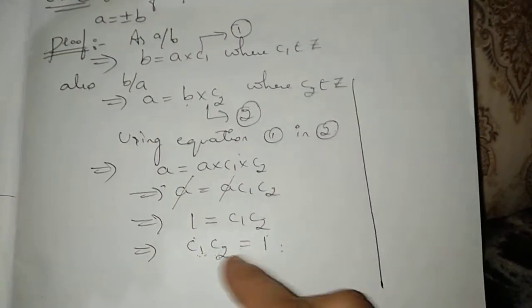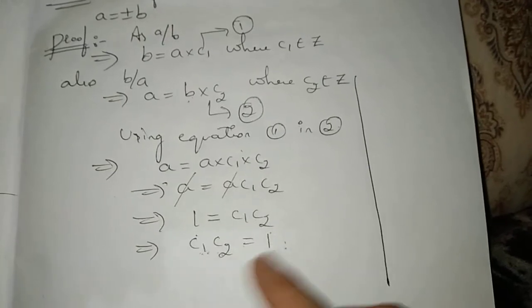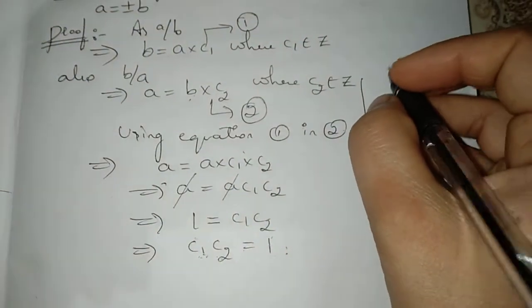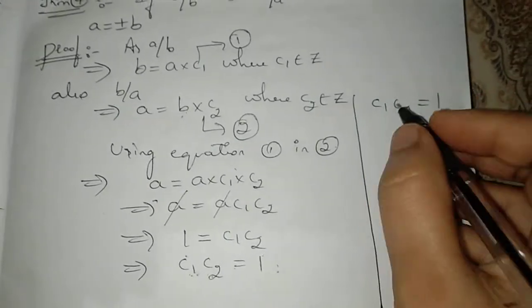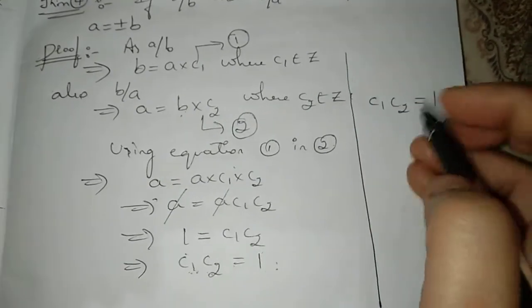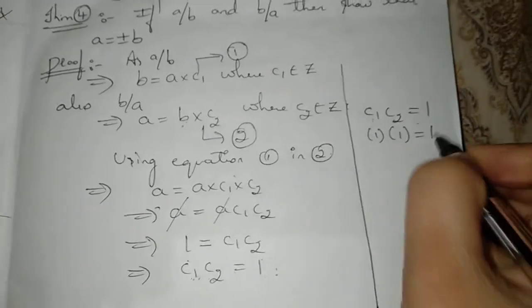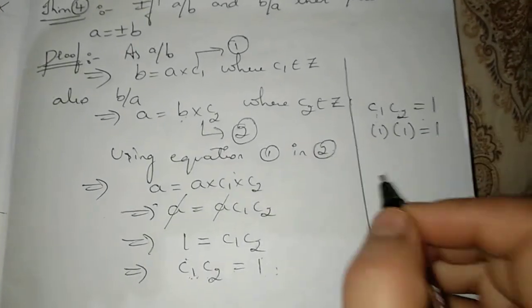So at what particular value will 1 be there? If C1 is 1 and C2 is 1, right? When is C1 C2 equal to 1 possible? When the value of C1 is 1 and C2 is 1, then obviously we'll get 1. Yeah, that is one possibility.